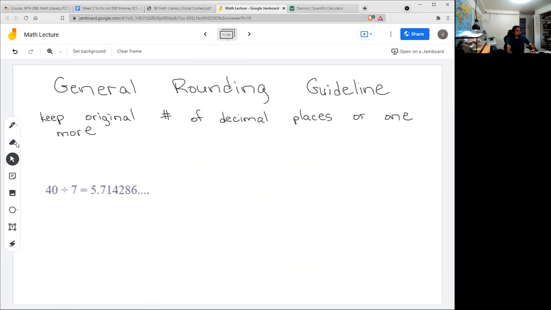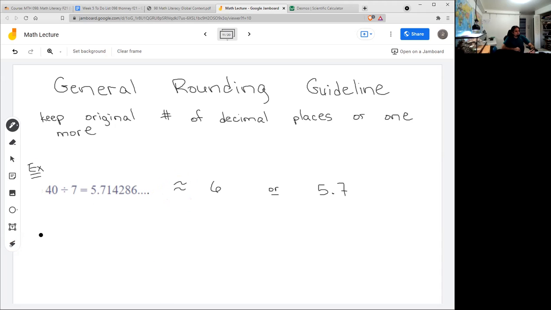If someone writes on the paper 40 divided by 7, then I could say it's 6 because these have no decimal points after them, so I will do the same. Or I could say it's about 5.7. Everyone knows the wiggly about equal sign.